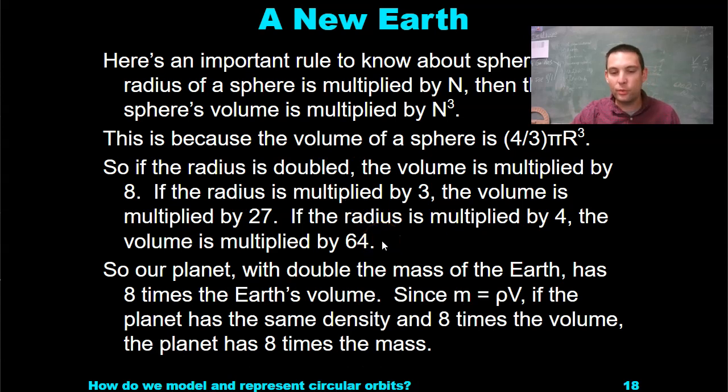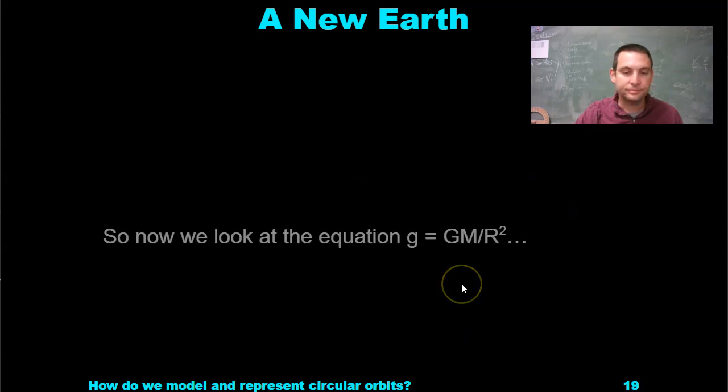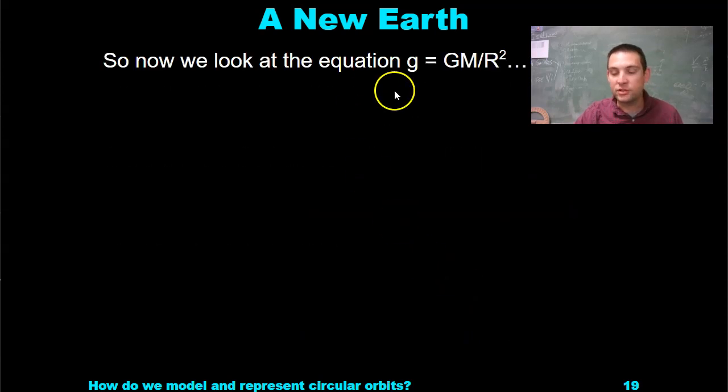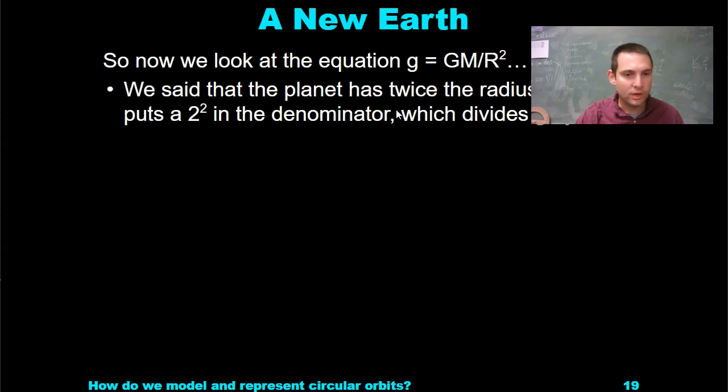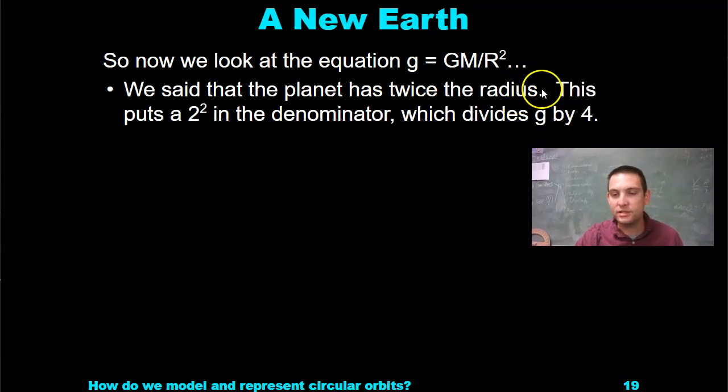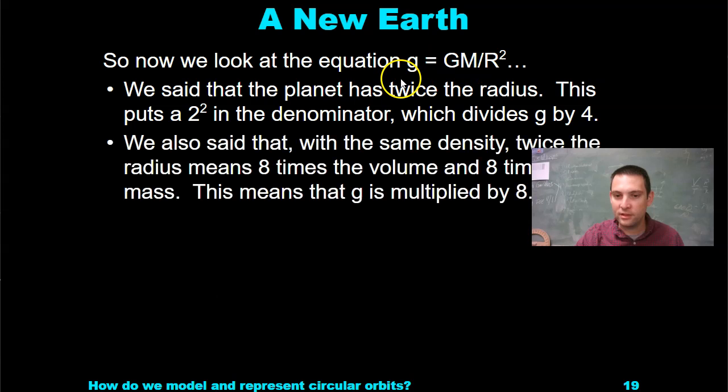So our planet, with double the radius of Earth, has 8 times the Earth's volume, because mass equals density times volume. If the planet has the same density and 8 times the volume, the planet has 8 times the mass. So now, going back to our equation, g equals big G, big M over r squared, we said the planet has twice the radius, so 2 squared, so we know it's going to be 1/4 over here for the little g.